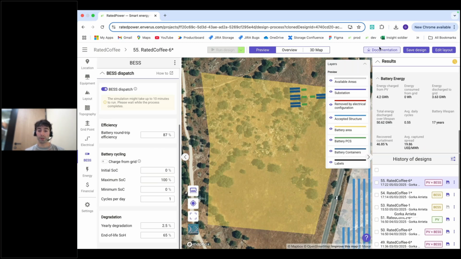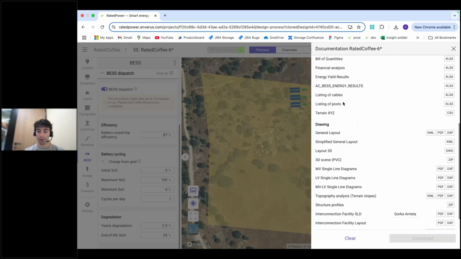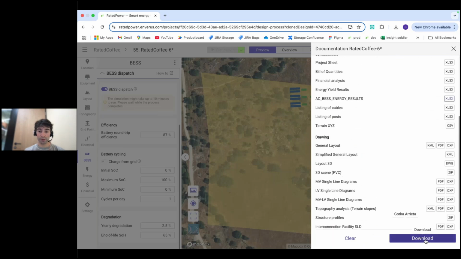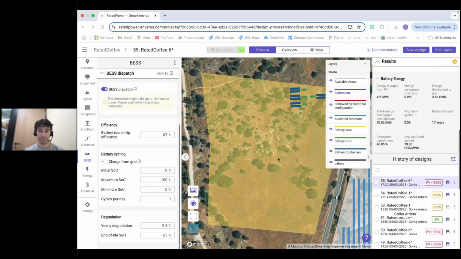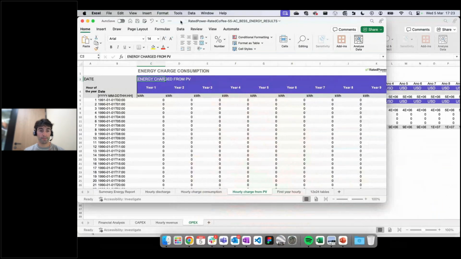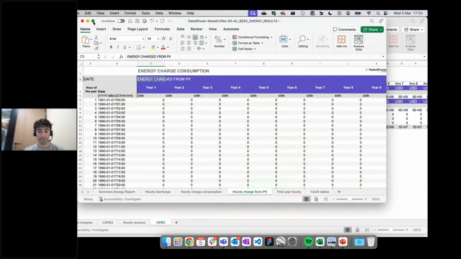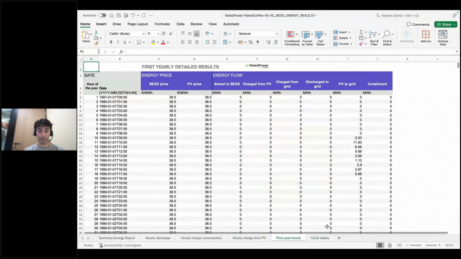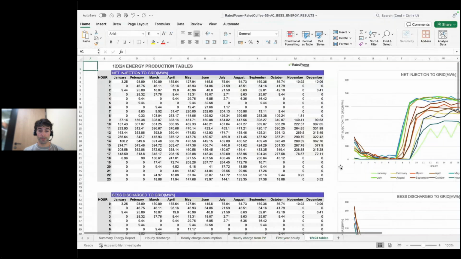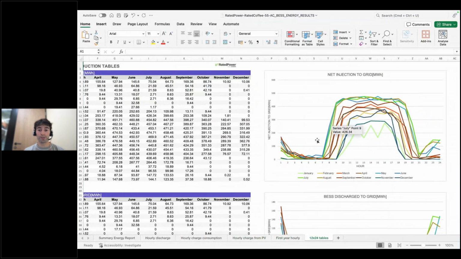from the PV. So if we take a look at the results, we can see here the net injection to the grid.